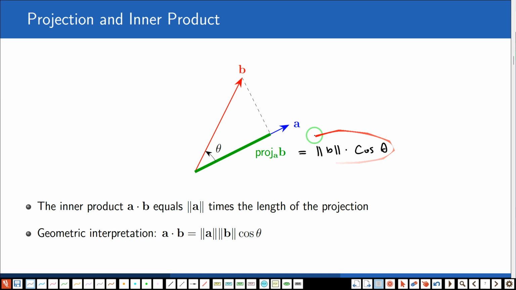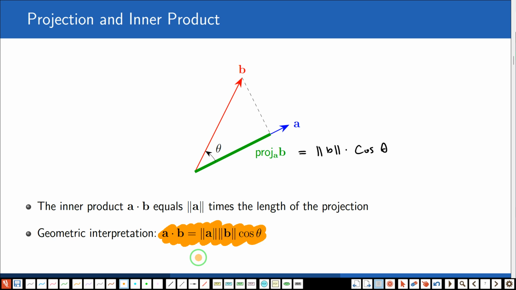This is the length of the projection, and if we multiply it by the length of vector a, we get the inner product, defined in this way. B times cosine theta is the projection of b on vector a, and we multiply a by that projection to get the inner product.